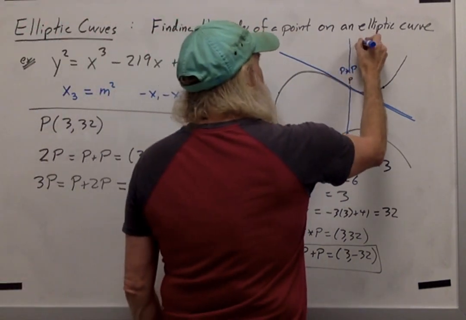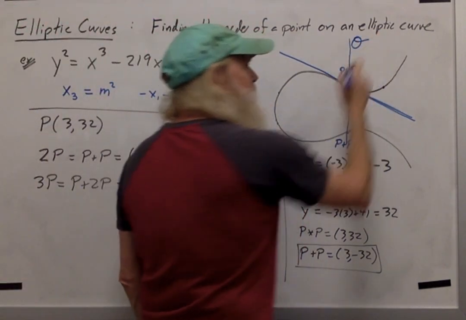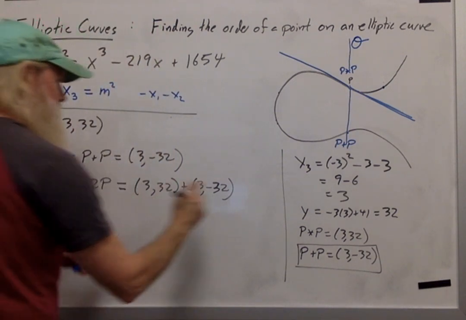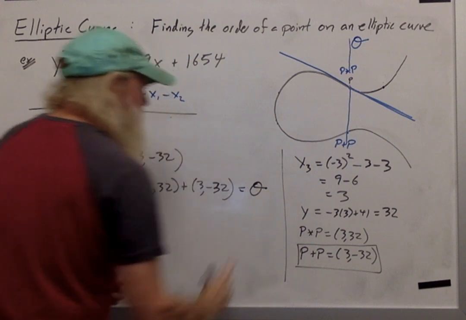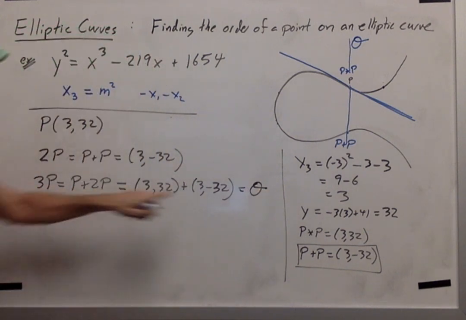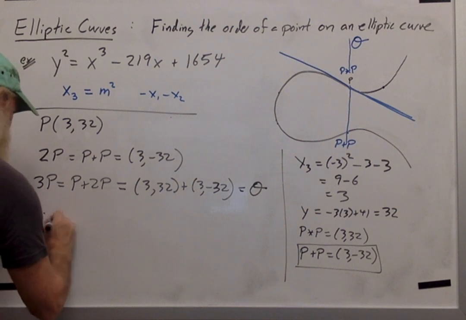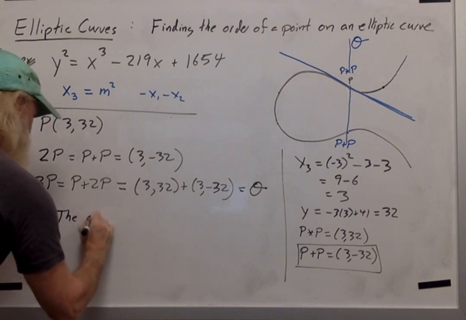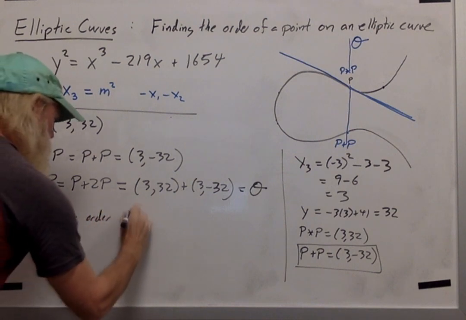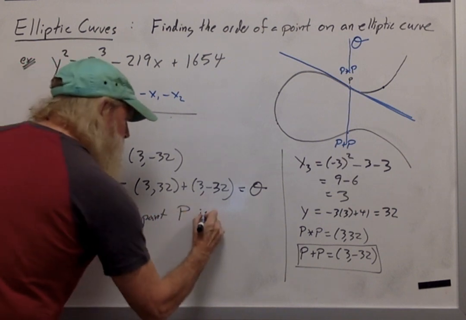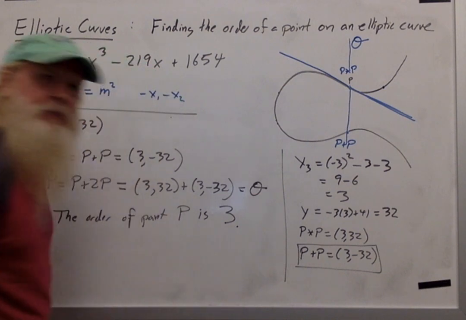And we said that when we have two points on the same vertical line, their sum is 0. So 3P is 0, the point at infinity. Therefore, the order of point P is 3.